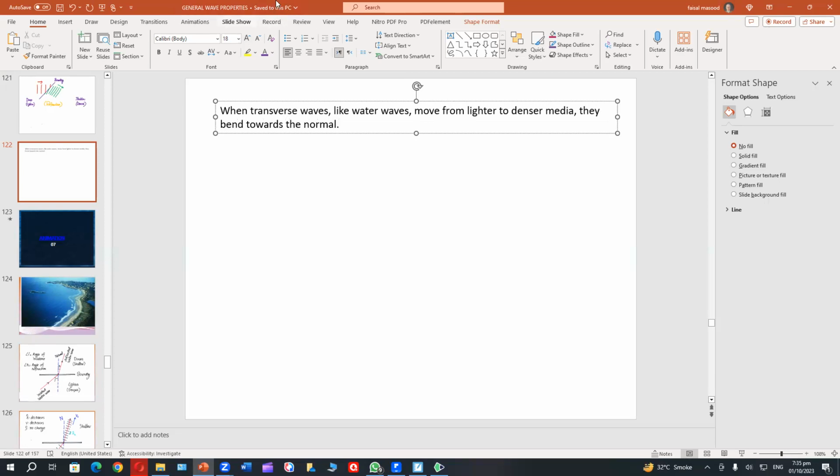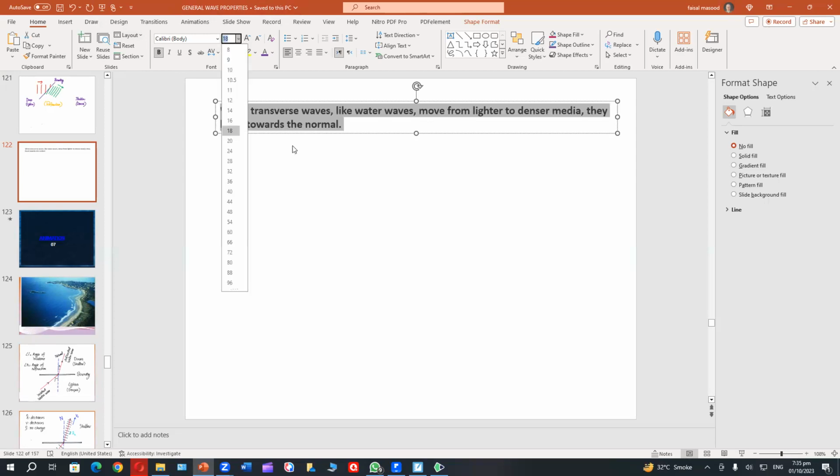This is a property of all transverse waves when they are traveling from lighter to denser.